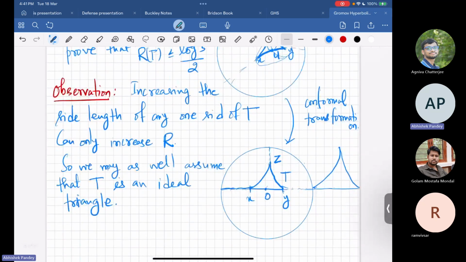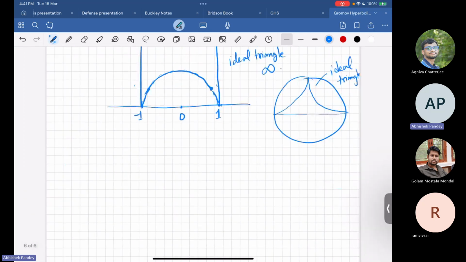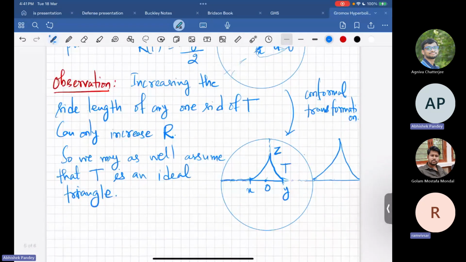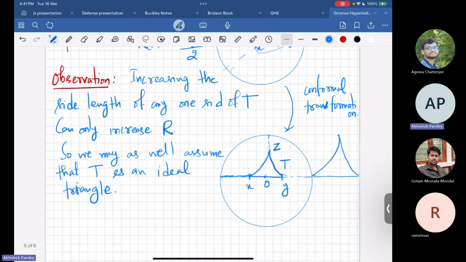We are going to convert this triangle into the upper half plane model, and in that case we will get the ideal triangle like this. Is it clear? Since we have two points x and y, we can map them to -1 and 1, and the other point to infinity.